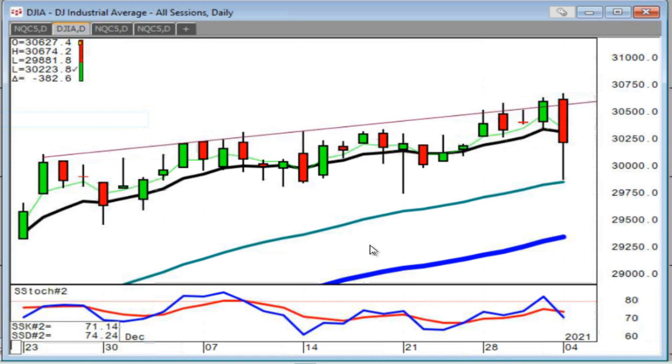It's probably somewhere right in here. But today we had a major change of investor sentiment. A bearish engulfing signal to close below the T-line. Now it bounced back up.